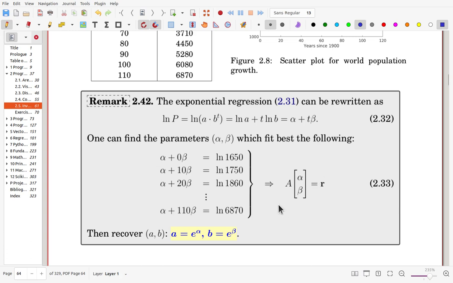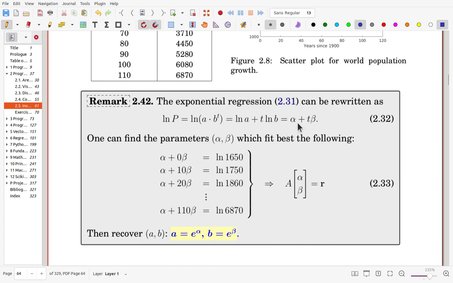Once we solve this algebraic system so that the misfit is minimized, by using the least squares formulation, then after finding the best fitting alpha and beta, we may try to recover A and B.